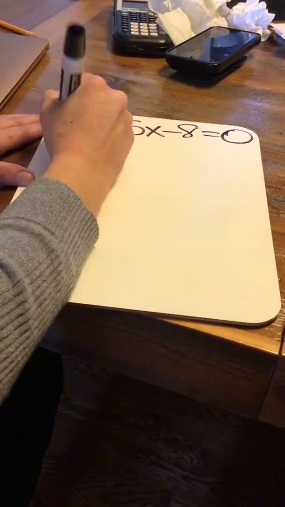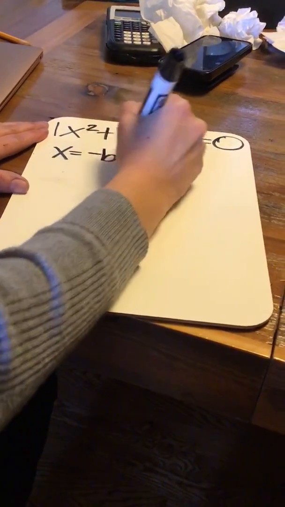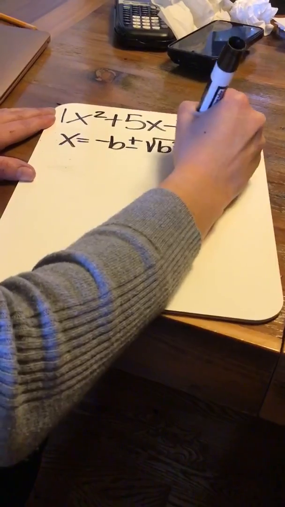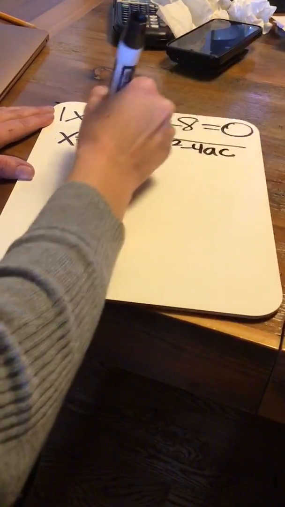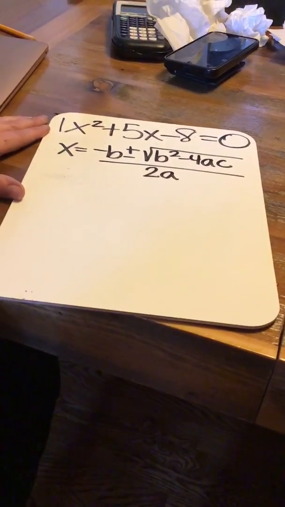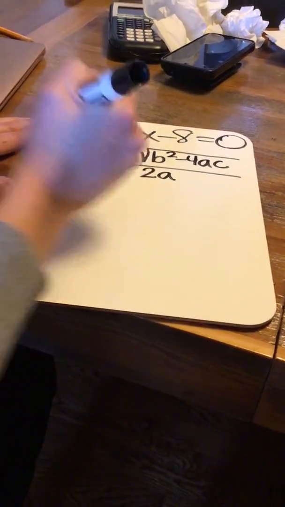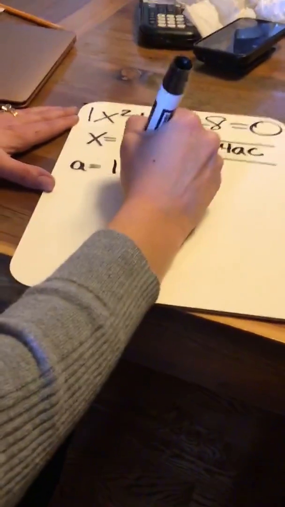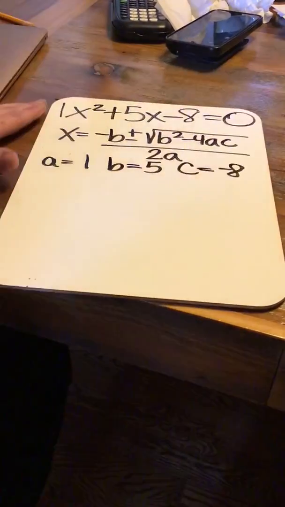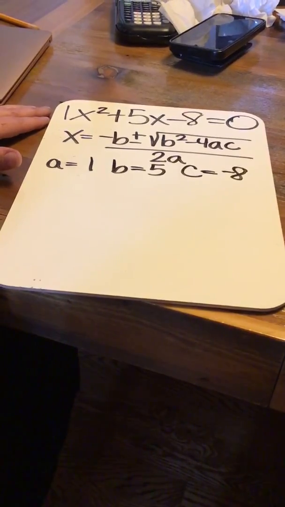So our quadratic formula is x equals -b plus or minus the square root of b squared minus 4ac all over 2a. So we're going to do what we learned before, where we write out our a, which is 1, our b, which is 5, and our c, which is -8, and then we're going to plug it into our formula.